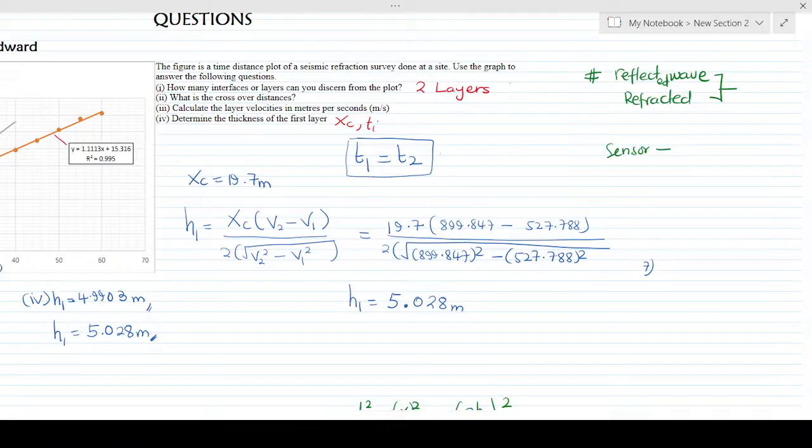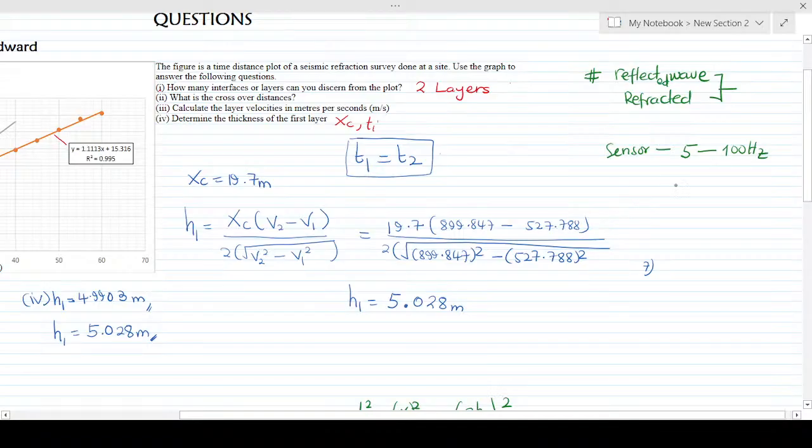Because when we are sending the waves, you cannot say that the waves are only for reflection or refraction. No, there's always going to be some form of reflection and some form of refraction. So how does the geophone work in order to detect reflected wave or refracted wave? We know that the geophone is designed in such a way that for refracted wave, it can sense frequency between 5 to 100 hertz.